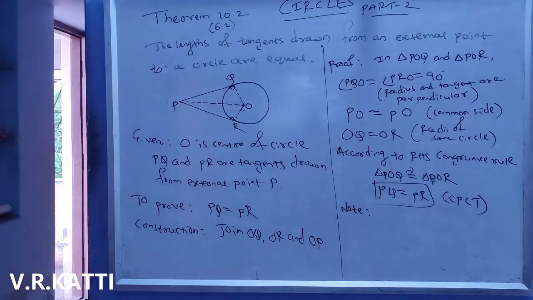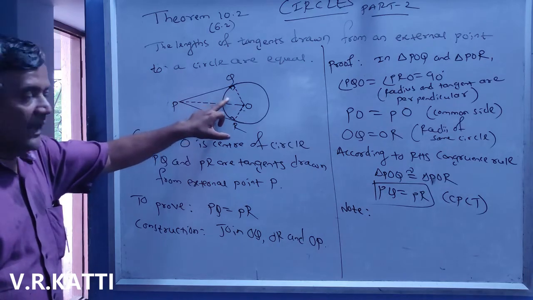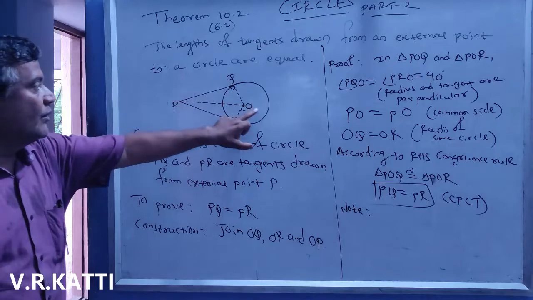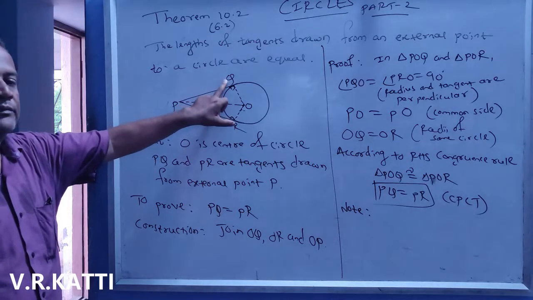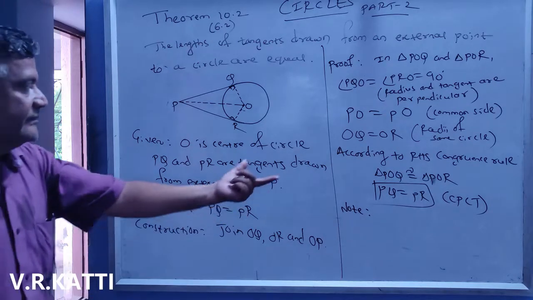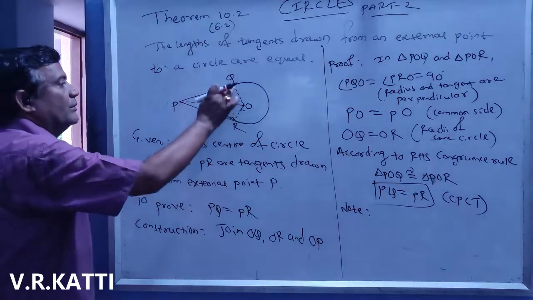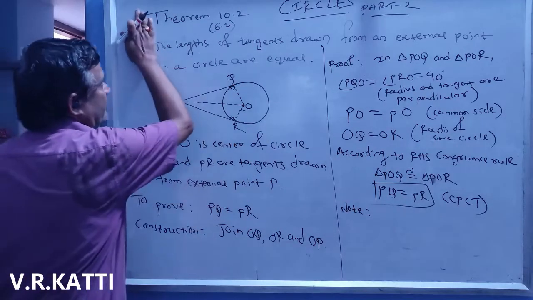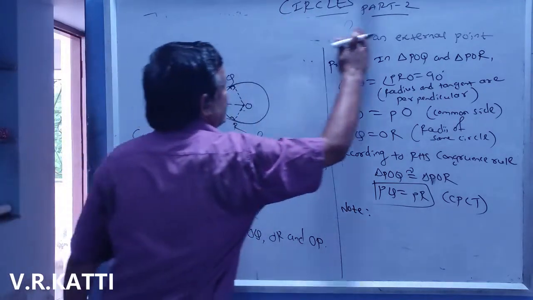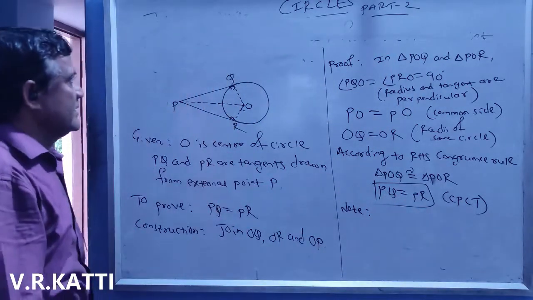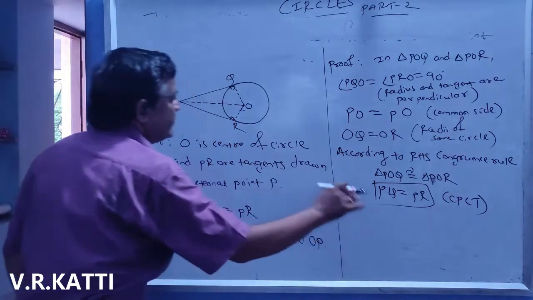Then write a note here: the angle at the center, POQ equals POR, by CPCT. They are also equal. But since the theorem is asked, write up to this much only.